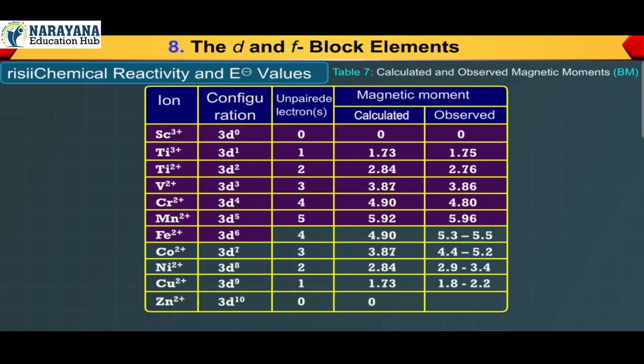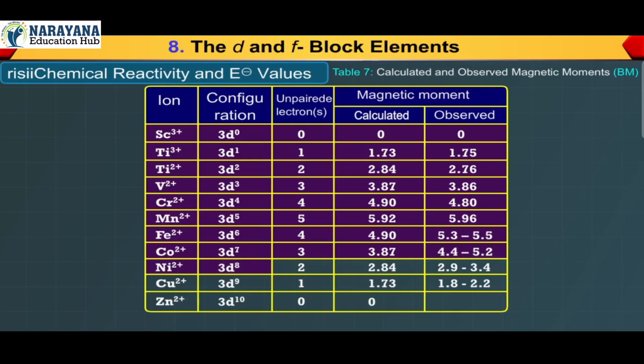Fe2+, 3d6, 4, 4.90, 5.3 to 5.5. Co2+, 3d7, 3, 3.87, 4.4 to 5.2.